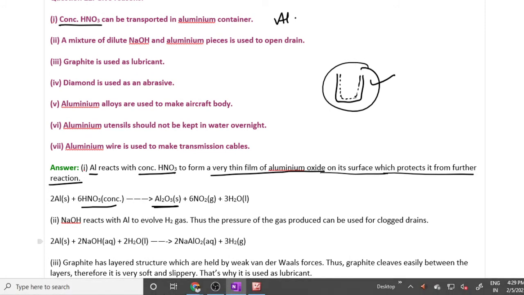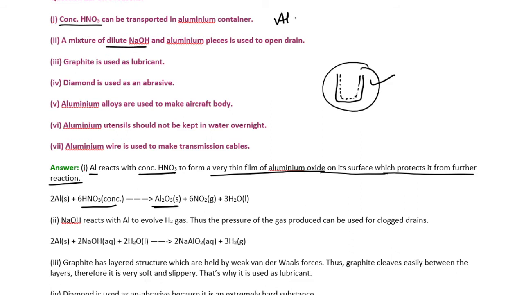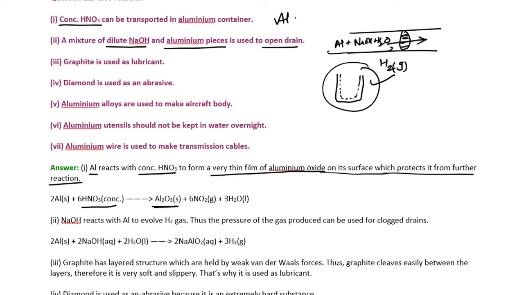Next, a mixture of dilute sodium hydroxide and aluminium pieces is used to open drains. Obviously, see, there is a drainage line. Let us say there is a blockage. So when aluminium and NaOH react, obviously there is water, so along with sodium metaaluminate, there is a formation of hydrogen gas, and this obstacle is broken by the pressure created by the gas.